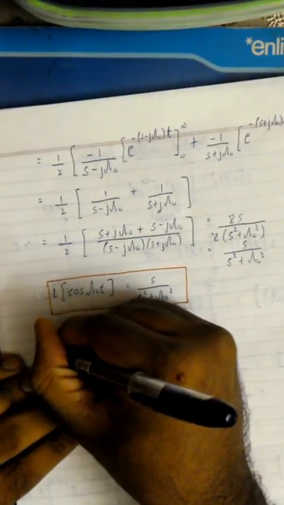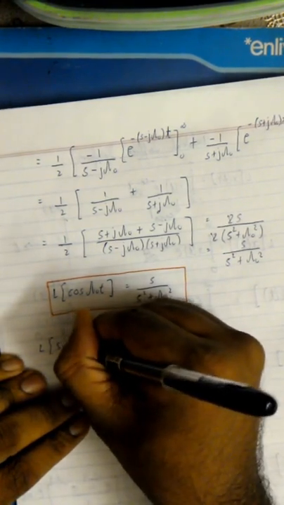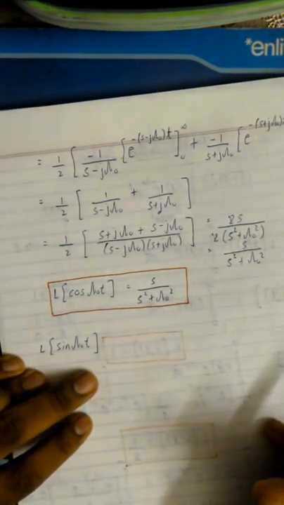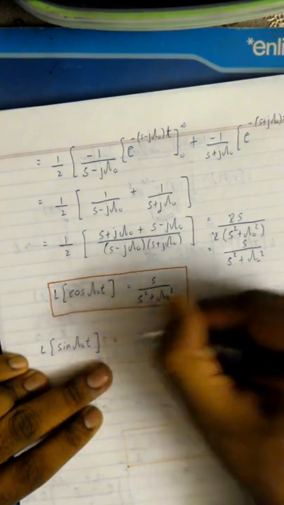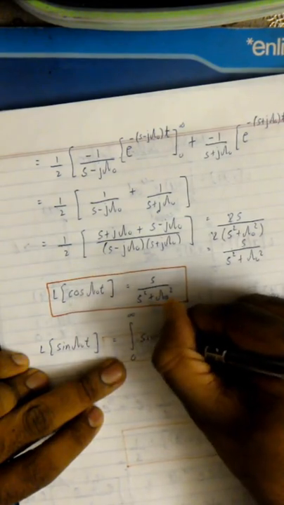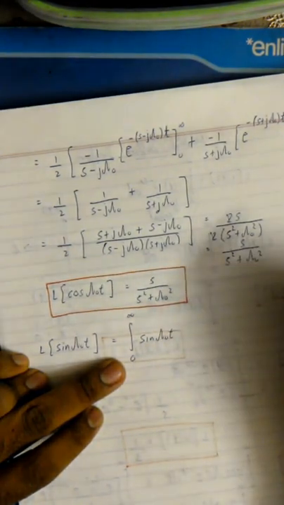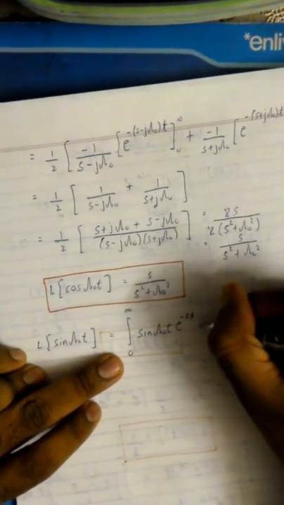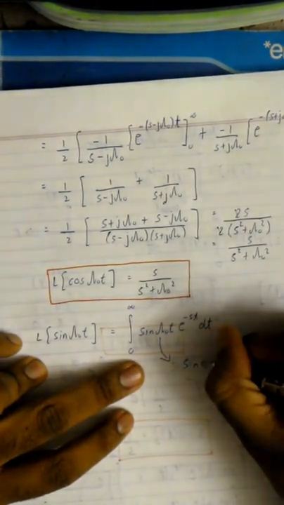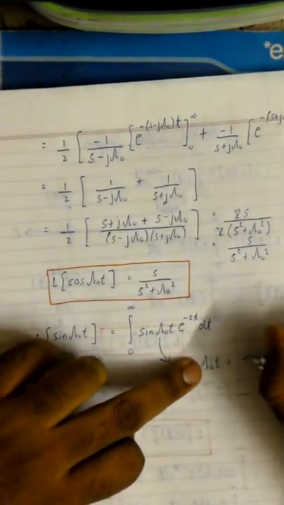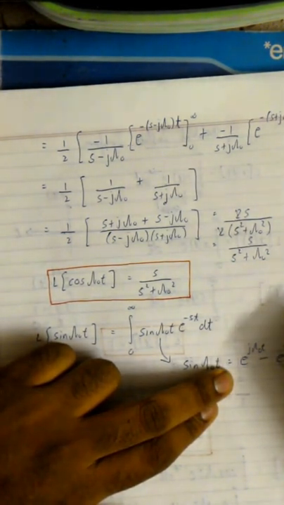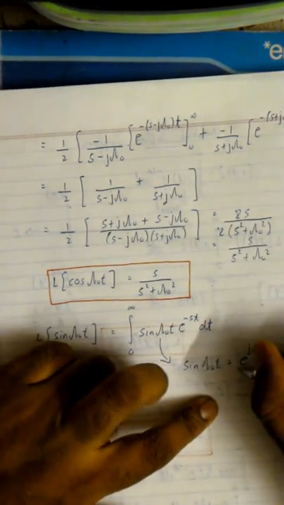similarly, I can now find the Laplace transform of sin ohm 0 t. Here also the procedure is exactly the same as before, except that the equation for sin ohm 0 t is e raised to j ohm 0 t minus e raised to minus j ohm 0 t by 2j.